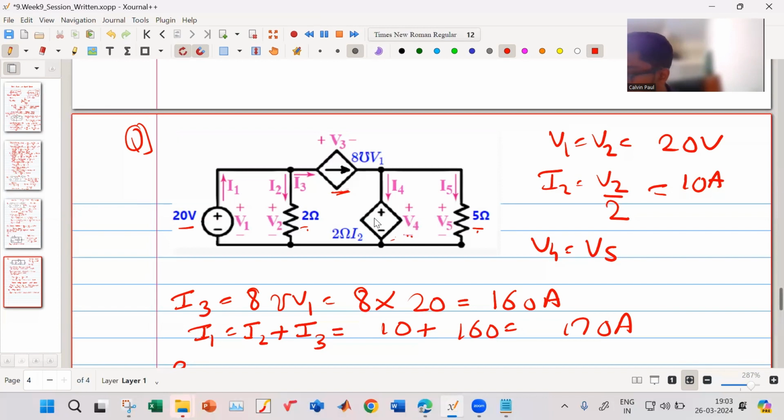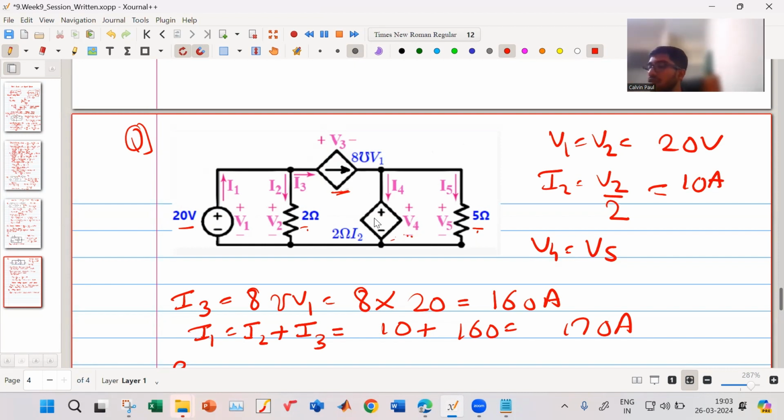The current source power is zero. The dependent voltage source power we have calculated as 3.12 kilowatts. Then we can subtract this and we will get the power across both the resistors.